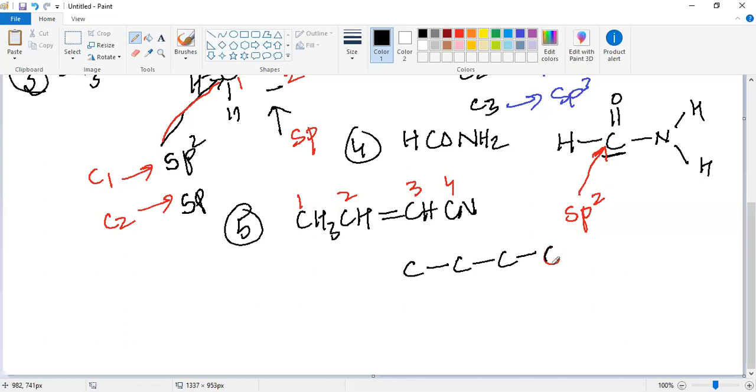This fourth carbon is bonded with nitrogen with a triple bond. The first carbon has 3 hydrogens. Between C2 and C3 there is a double bond, and each carbon is bonded with hydrogen. Now we have the 4 carbons, my dear students: C1, C2, C3 and C4.